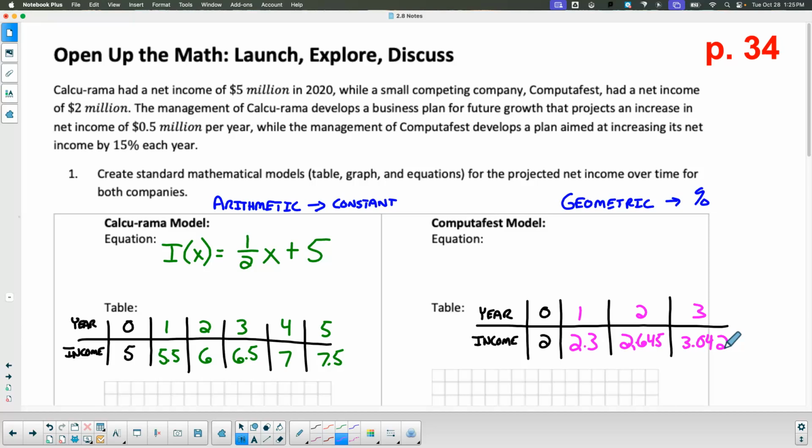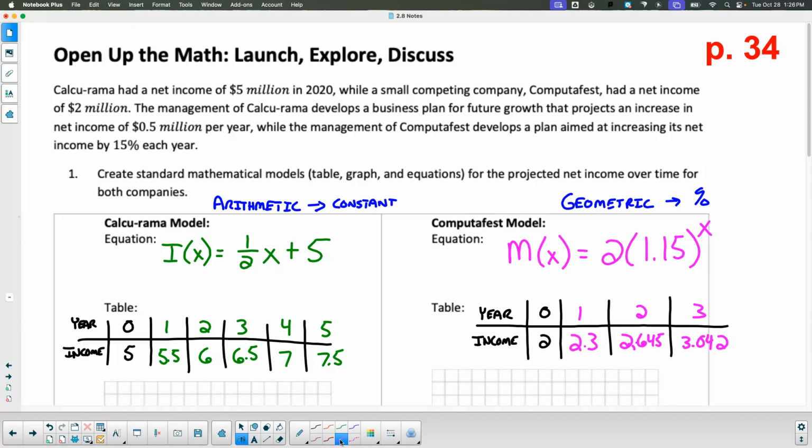I got an equation here of, we can't call it I, so let's call it money. M of x is going to be 2 times 1.15 to the x power. Agree with me on that? Or you could have gone 2.3 times 1.15 to the x minus 1 power. Okay? Yes?